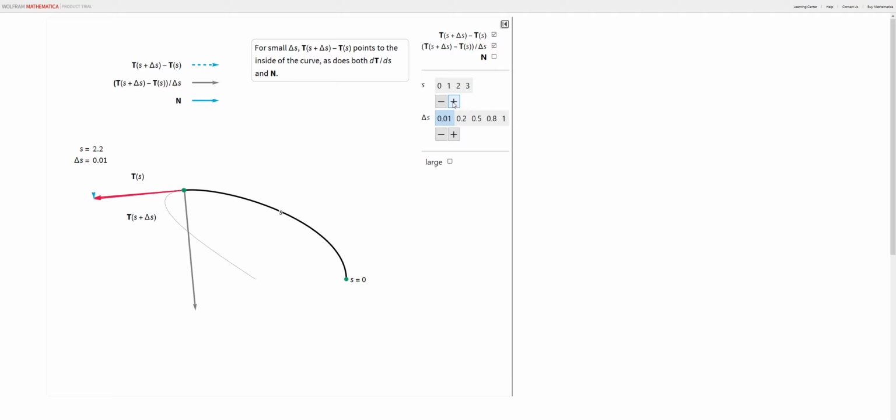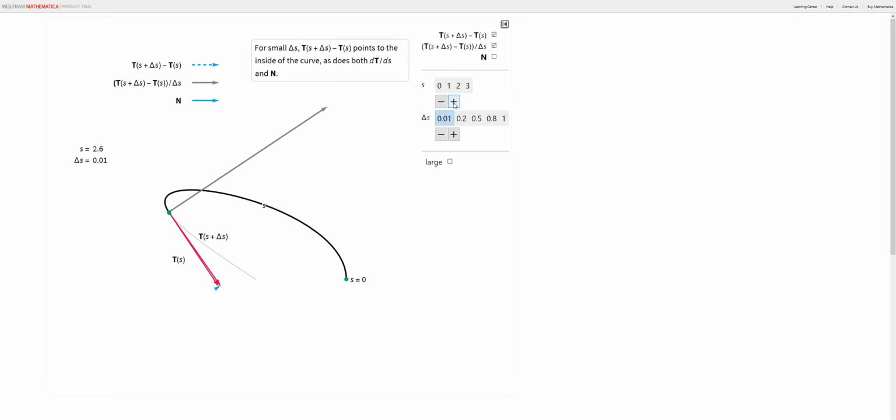Remember, the magnitude of this gray vector is the curvature. So in previous videos, we just looked at the magnitude of this thing as it moved along. That was the curvature. But we also are going to want to get a hold of just the direction of this thing.